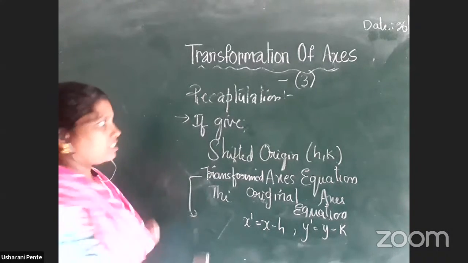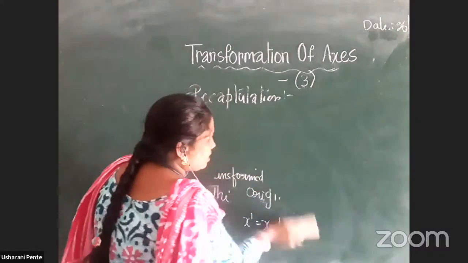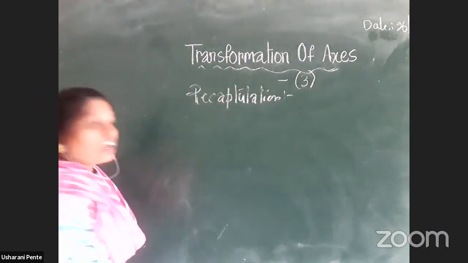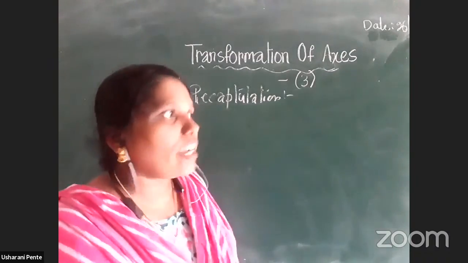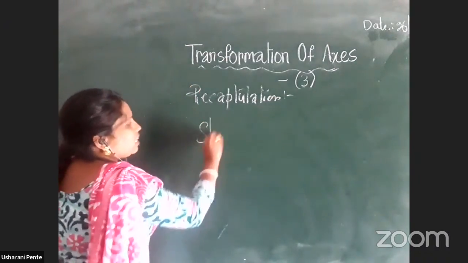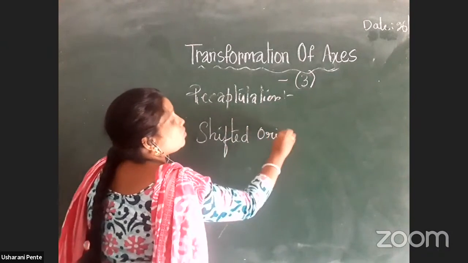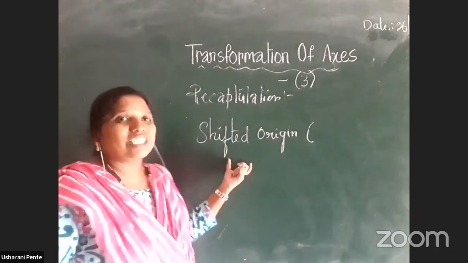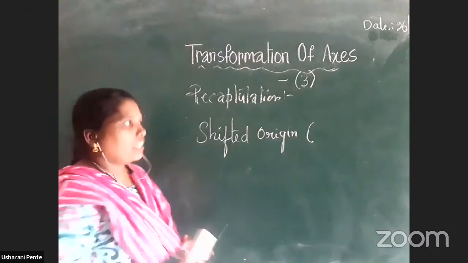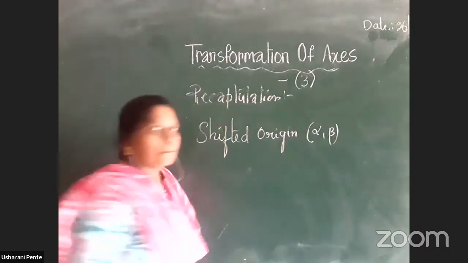The other point we have discussed as the sum. And next, what we have discussed more is how to find the shifted origin. Actually we represent the shifted origin with h comma k, but we are representing it with alpha comma beta.